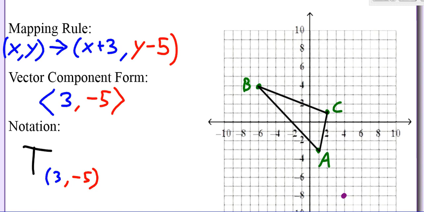And now that's the image. That's after the translation. And remember we said we label that with the same capital letter, but we put the little prime symbol on it. Same thing with B. 3 to the right, down 5.